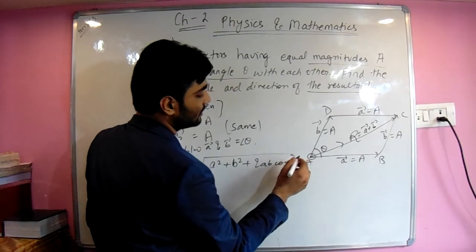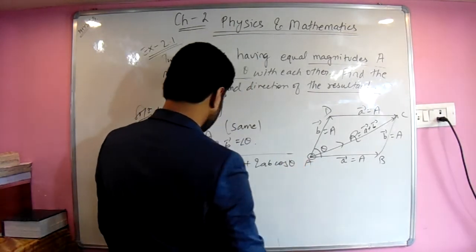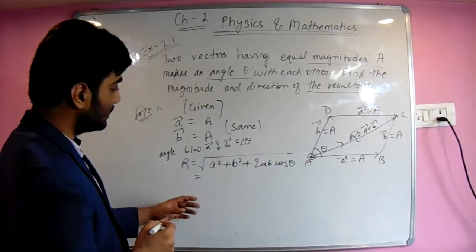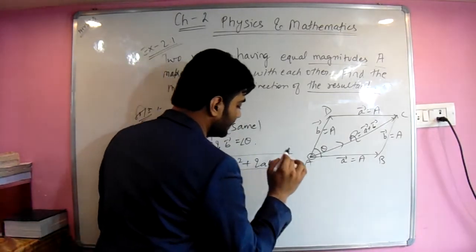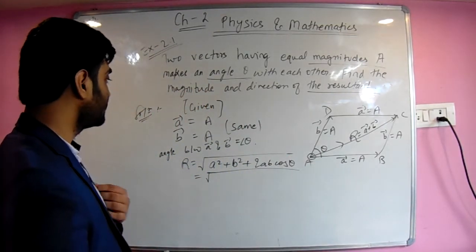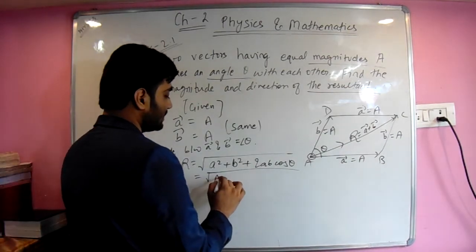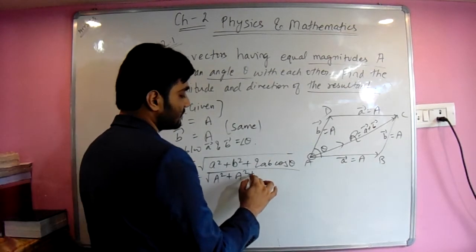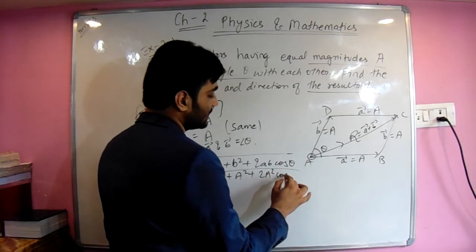Don't get confused, solve it fast. Simply A squared, then 2A squared cos theta.